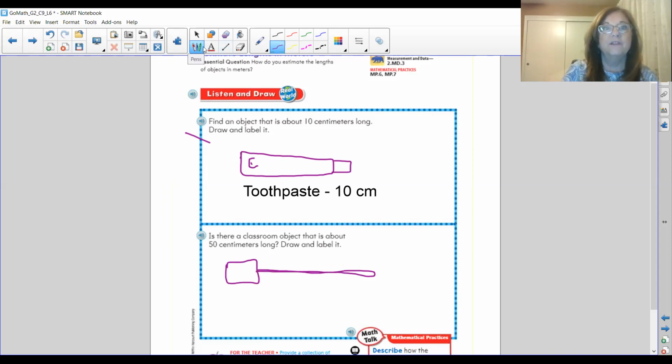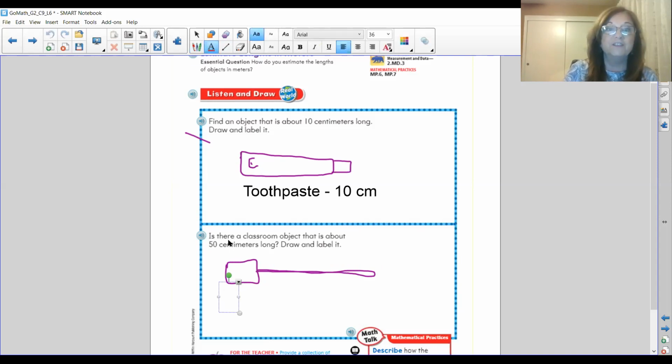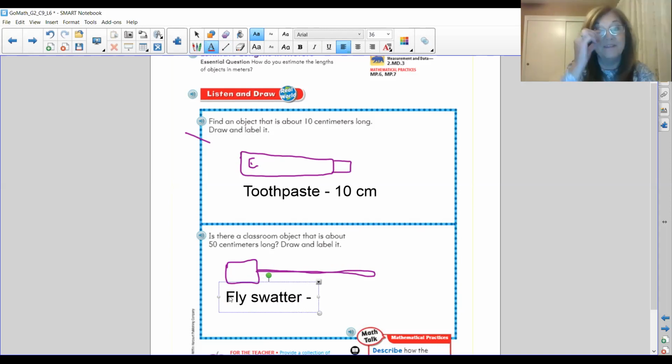Okay, so the fly swatter, and we want to follow directions because it does say draw and label it. So now if you can find something else around your house that's different than what I have, then that's okay too. That's great. 50 centimeters. So we can probably find a lot, and it's fun just to go around the house and search.